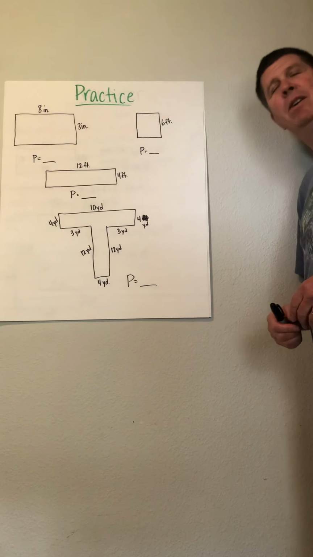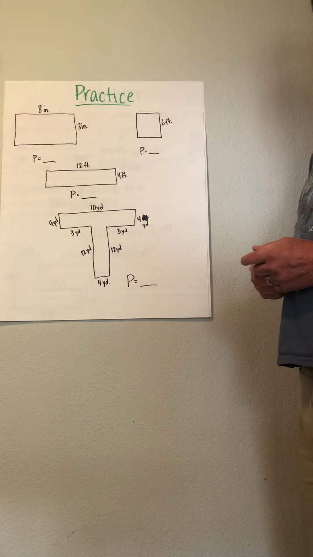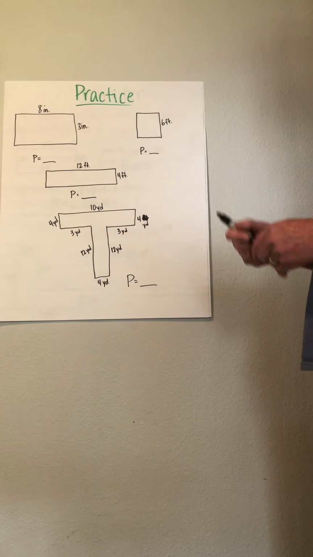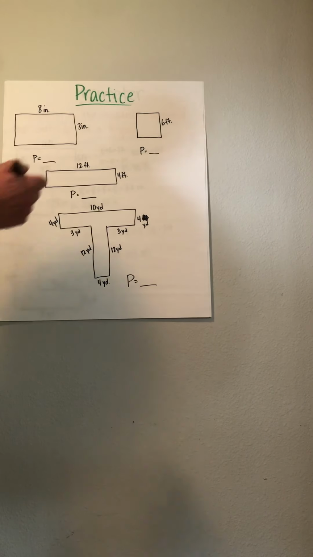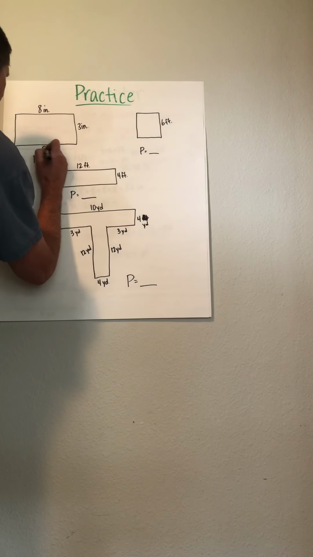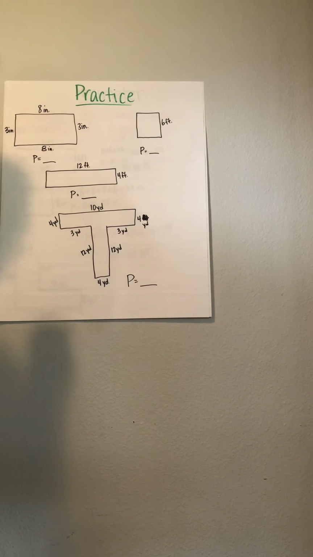Okay, we're back. Hopefully you have figured out the perimeter of these 4 polygons. And here we go to check your work. So first of all, you have 8 and 3. So you should know that this side is also 8 inches and that this side is 3 inches.